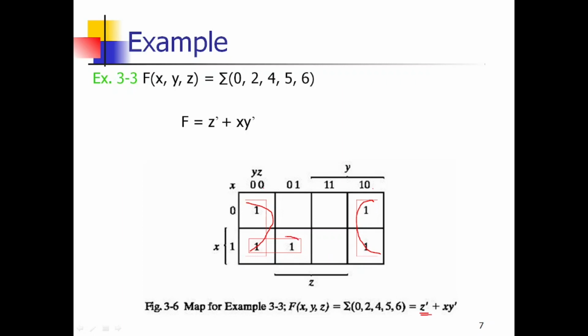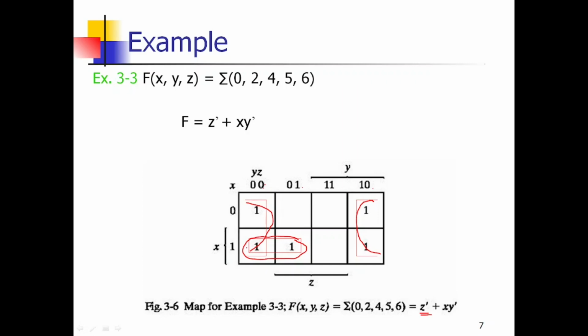And for this pair, what is the term to be obtained? For the column, we are having the different variables. This is z dash, this is z. So z dash plus z becomes 1, and this is y dash. So here we are having the column variable as y dash, and the row variable is considered as it is, x.